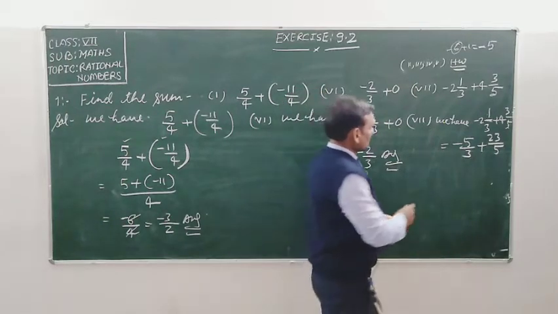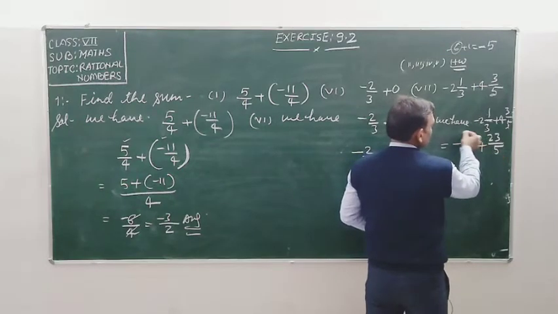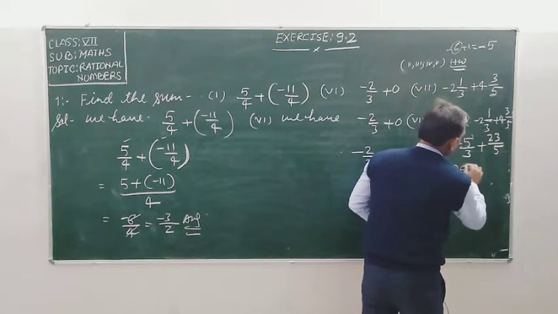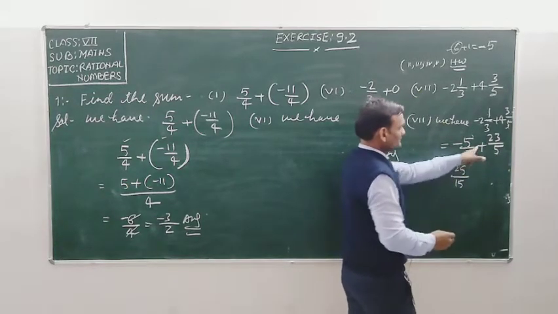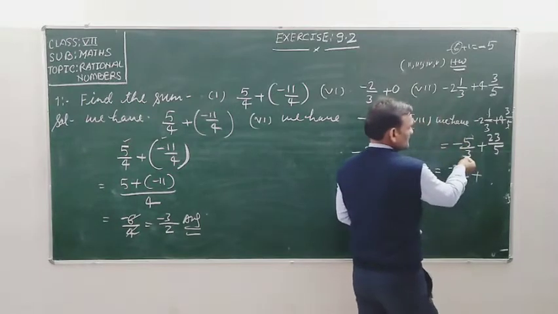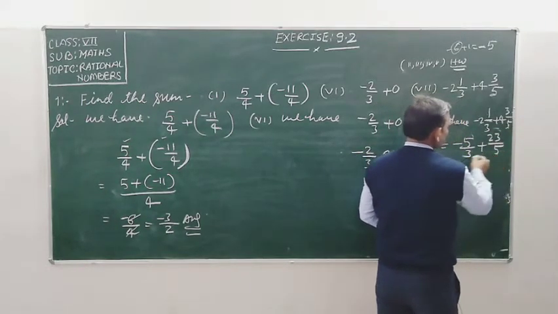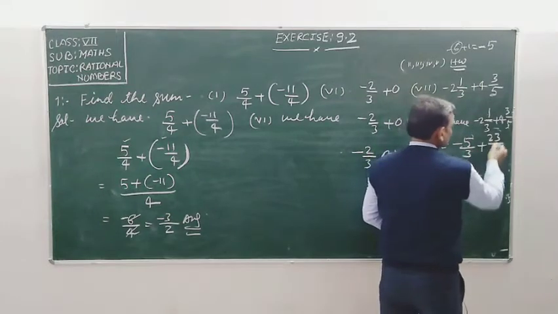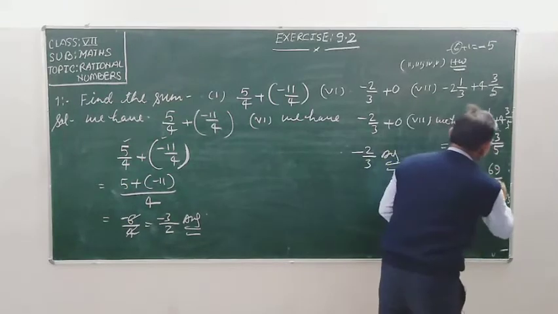So for making the denominator the same, we multiply 5 into minus 5 upon 3. So 5 fives are 25 and 5 threes are 15, plus, by 3 we multiply 23 upon 5. So 3 into 23, 3 threes are 9, 3 twos are 6, 69, and 3 fives are 15.